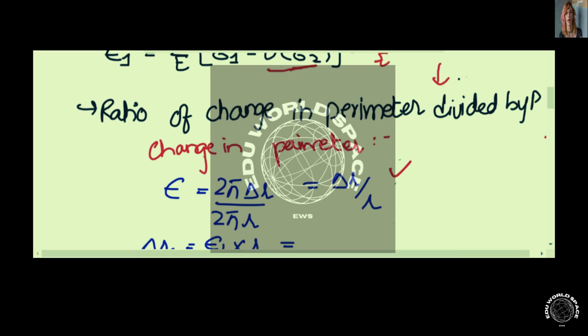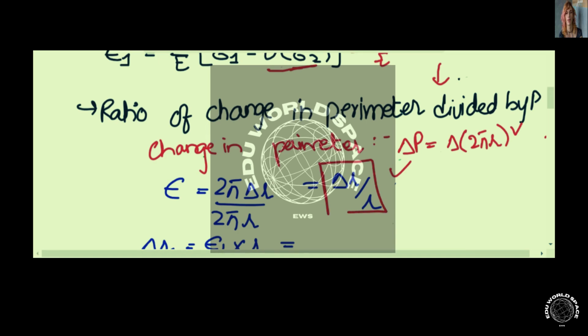Before this, the change in perimeter is written as del p, equal to del times 2 pi r, and if we solve it for stress, then we'll get this fraction.